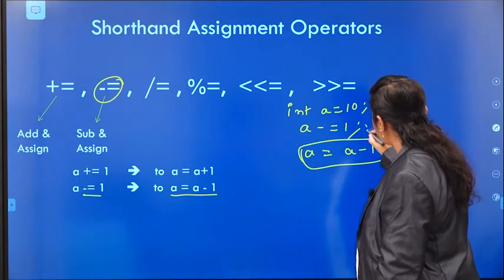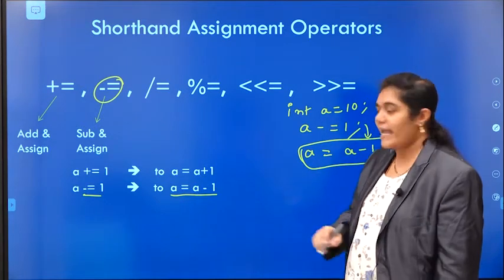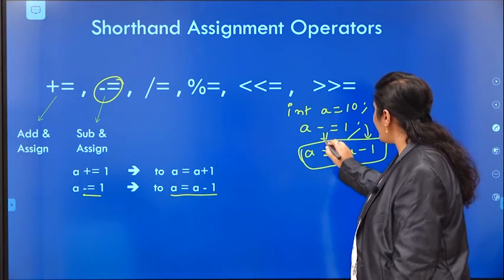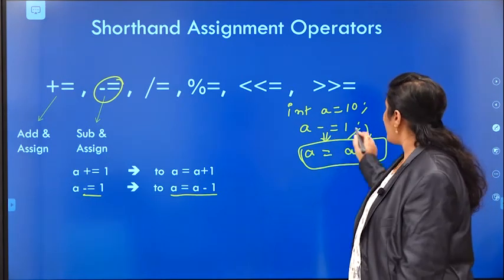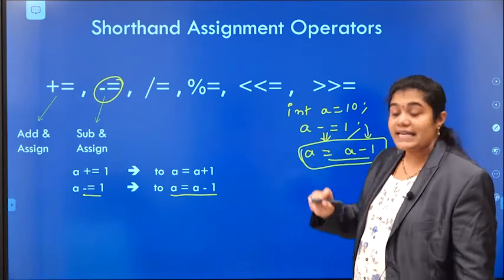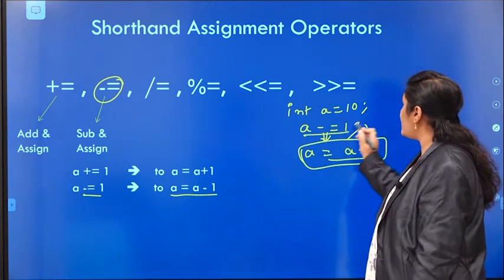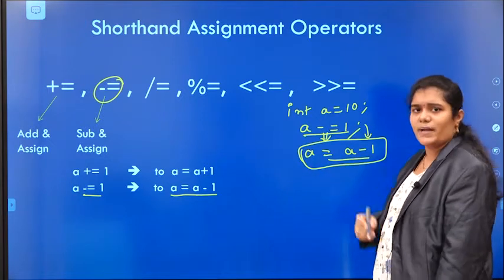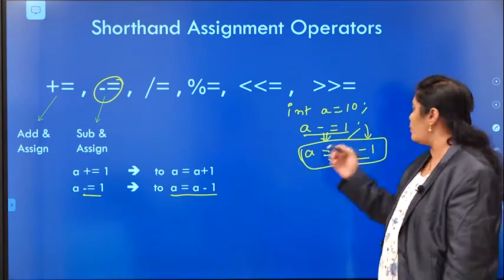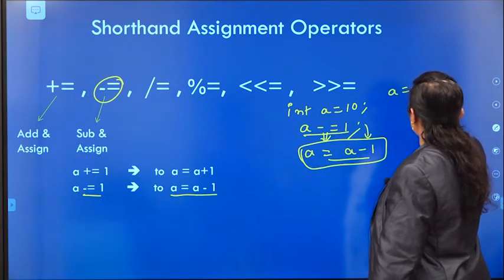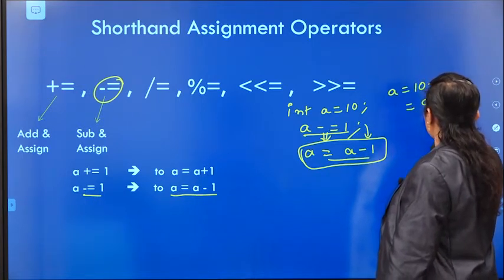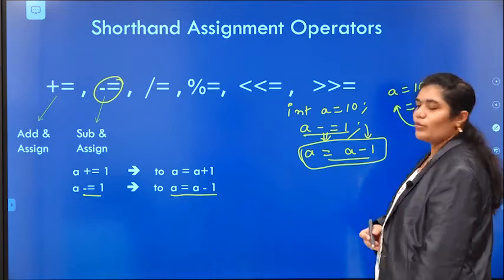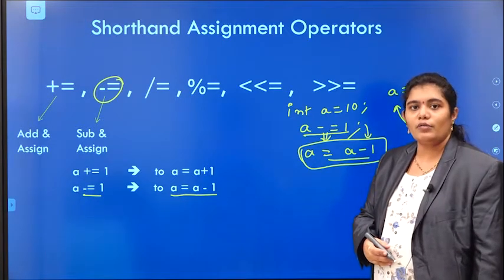This expression is equivalent to that expression. So what does the compiler do internally? A equals to 10 minus 1, which is 9. This 9 will be assigned into A.